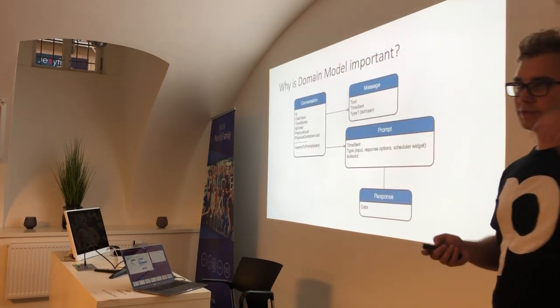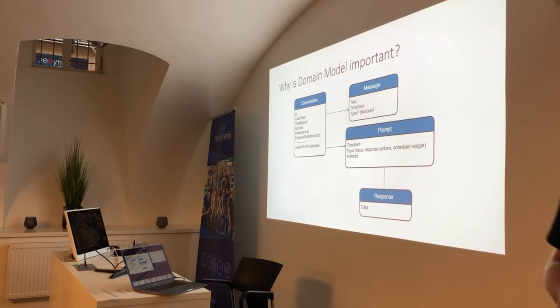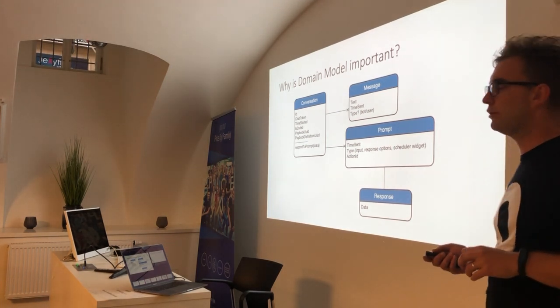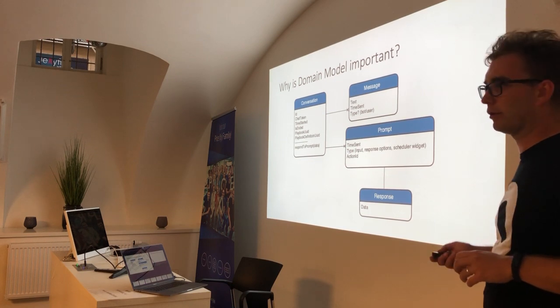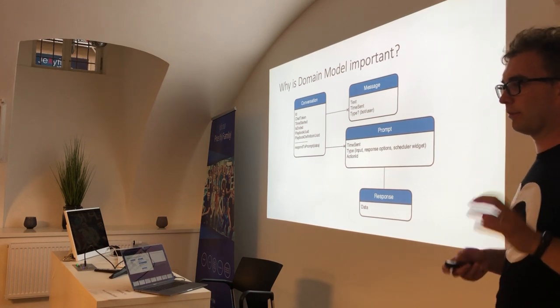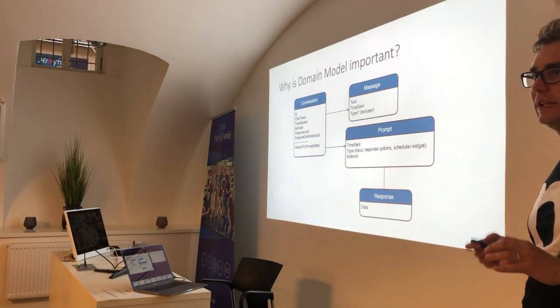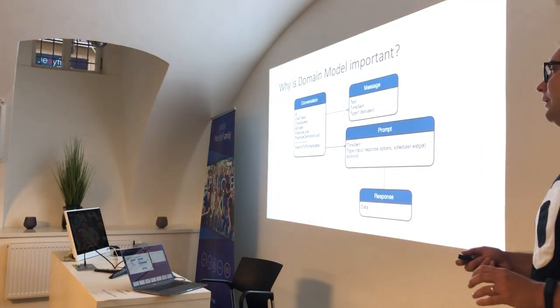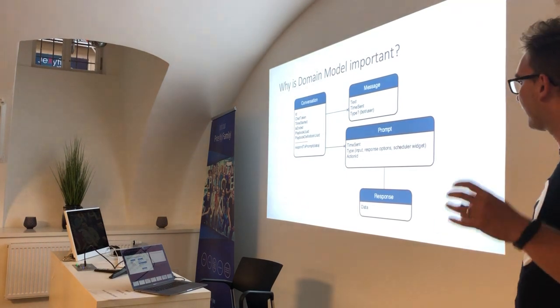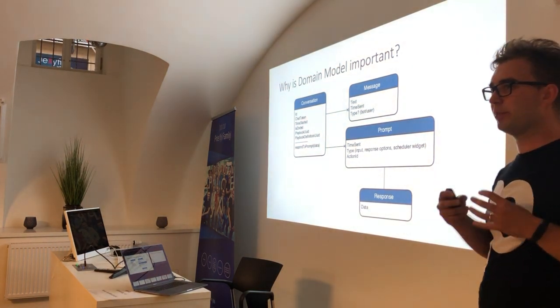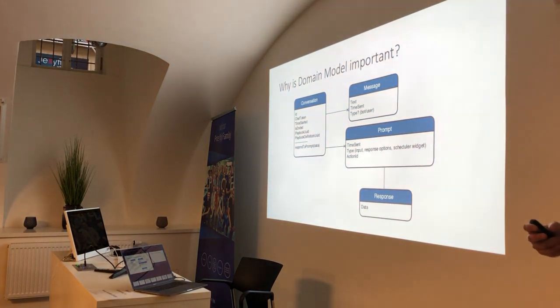I want to stress why it's important to do it correctly. The reason is that when you define this domain model correctly, then your software will make sense, right? Because you define the domain model based on real needs of the business. So you couple things together which should be coupled based on the business requirements.